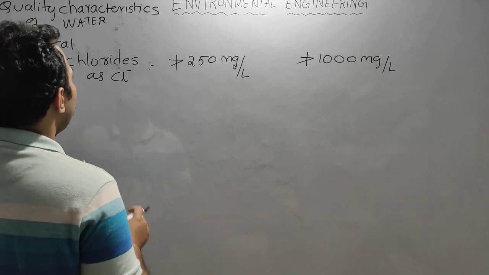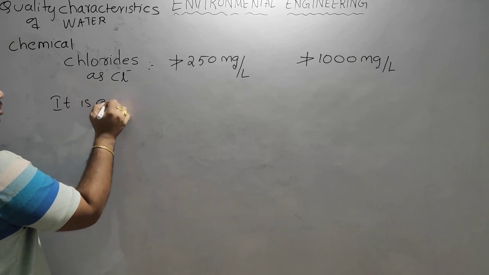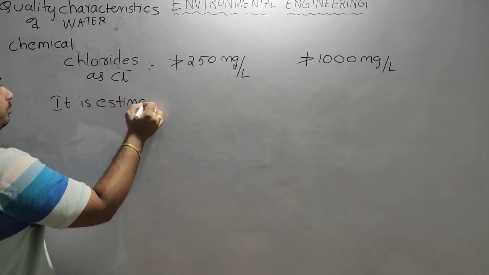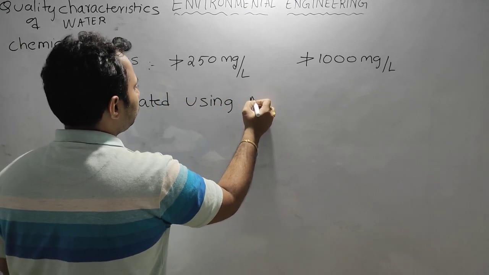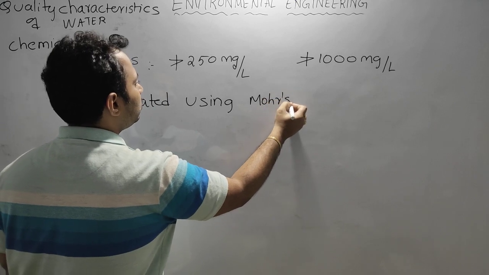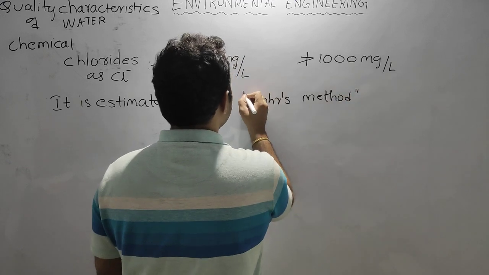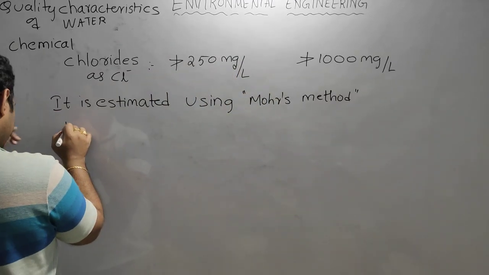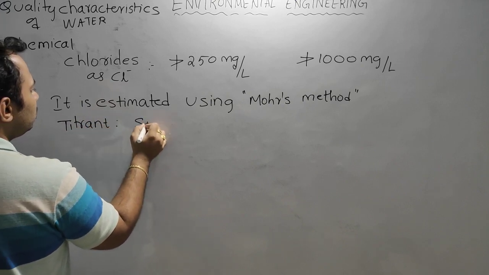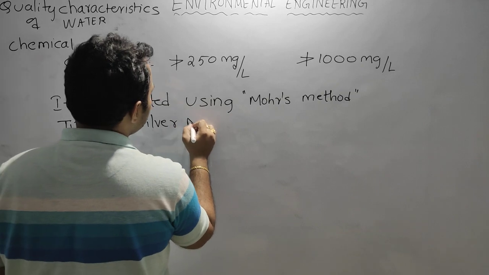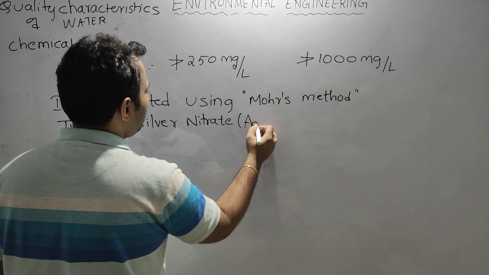It is estimated using the Mohr method, and the titrant here is silver nitrate, that is AgNO3.